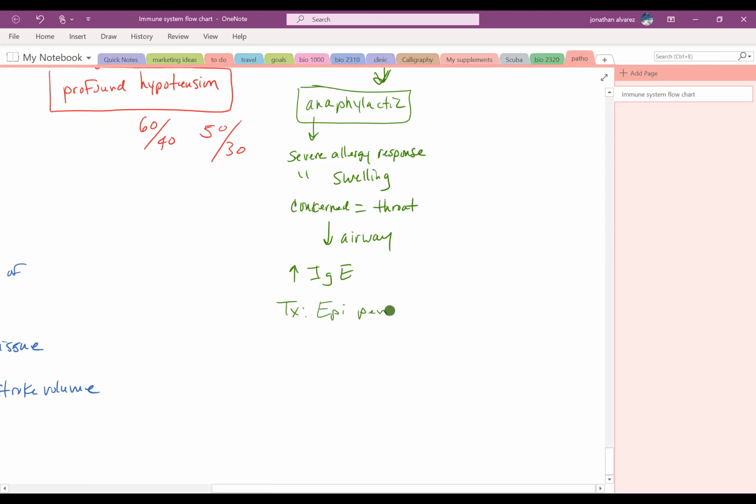Okay, and then more long-term care, and this is actually some of the stuff I do, is figuring out what is provoking the person. So I do immunoglobulin testing.